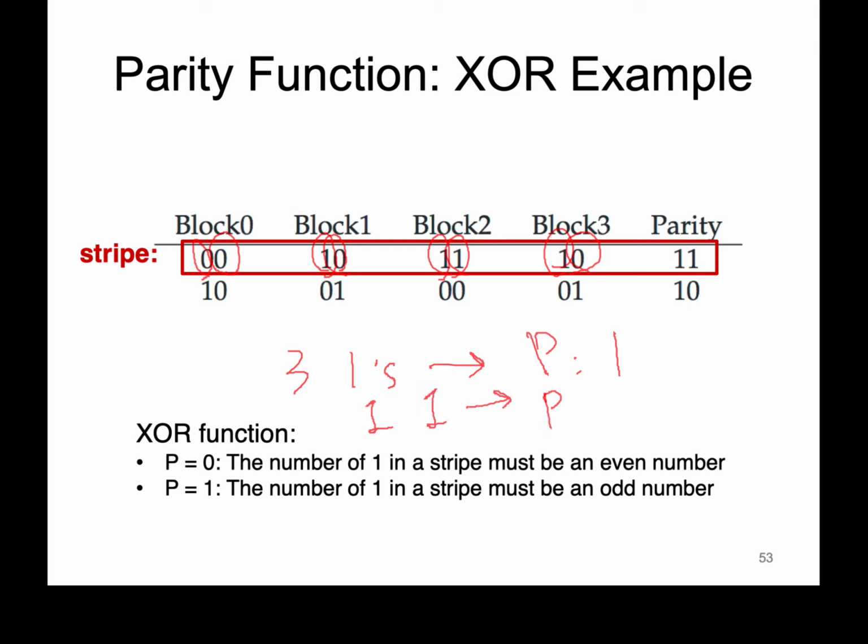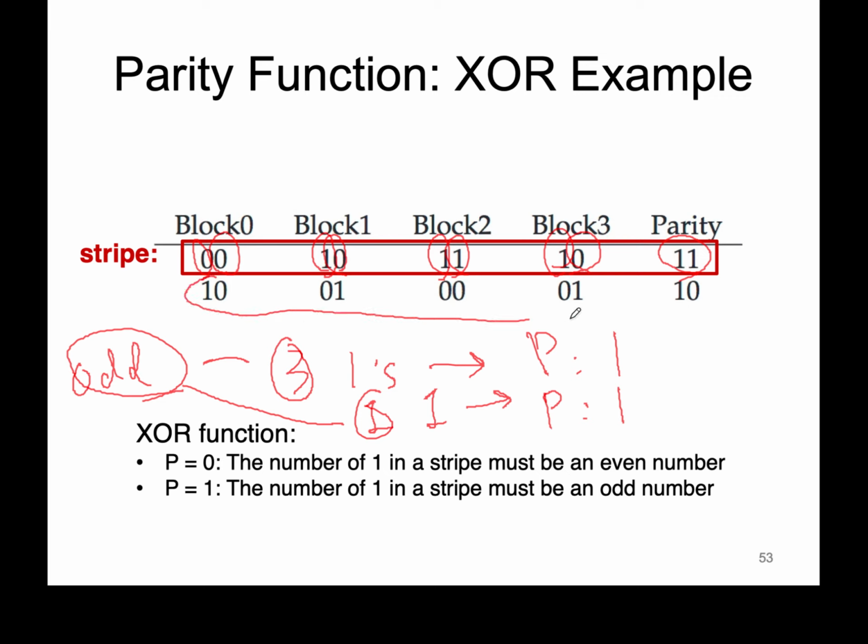So that gives you a parity of 1 because both of these, 3 ones and 1 one, are odd numbers. So that determines the parity of 1, 1, right? And you can do the same calculation for the stripe underneath, which ends up having a parity result of 1, 0.